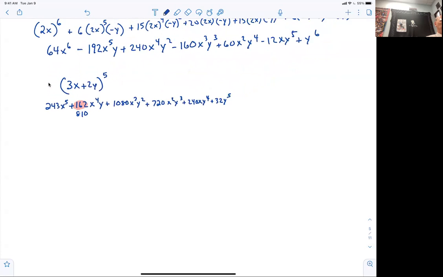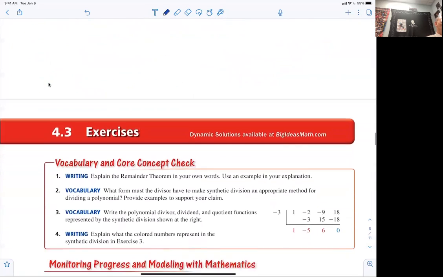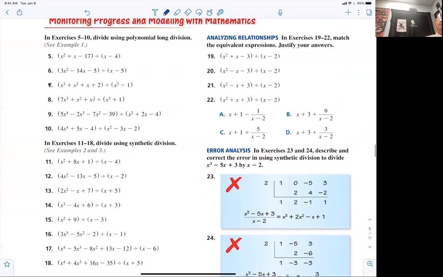All right, any issues? All right, so today we are going to do long division. Now, again, the long division, generally, it's super easy. I'm going to try to show you long division, and then I'm going to try to show you synthetic division.